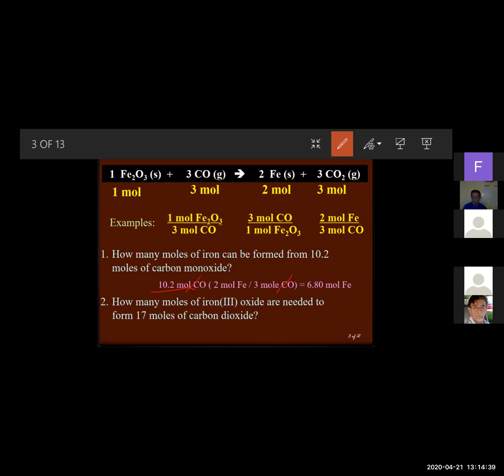Now, simply do the math, 10.2 times 2 divided by 3, giving us 6.8 moles of iron. So if you start off with 10.2 moles of carbon monoxide, you should make 6.8 moles of iron, is all that equation's telling you.